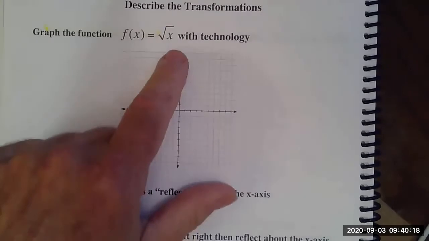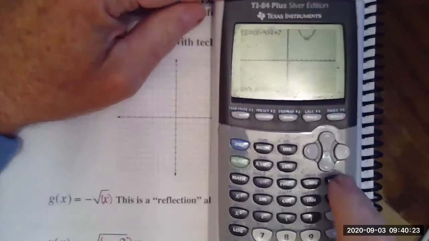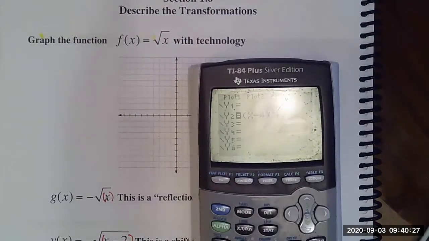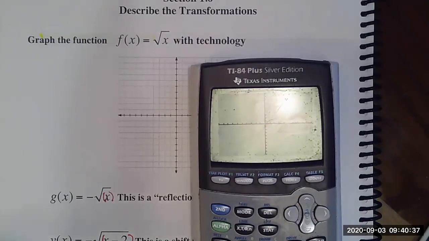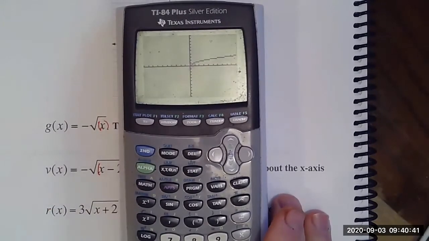Okay, graphing that. I said technology. This is easy, easy, easy, easy. Okay, there's your square root of x.